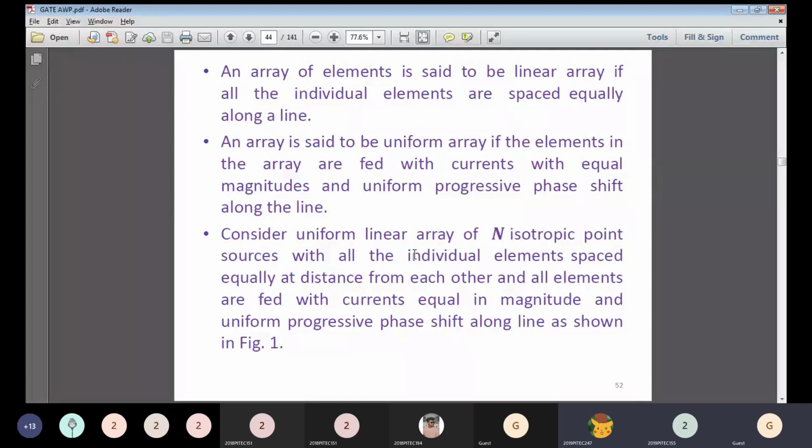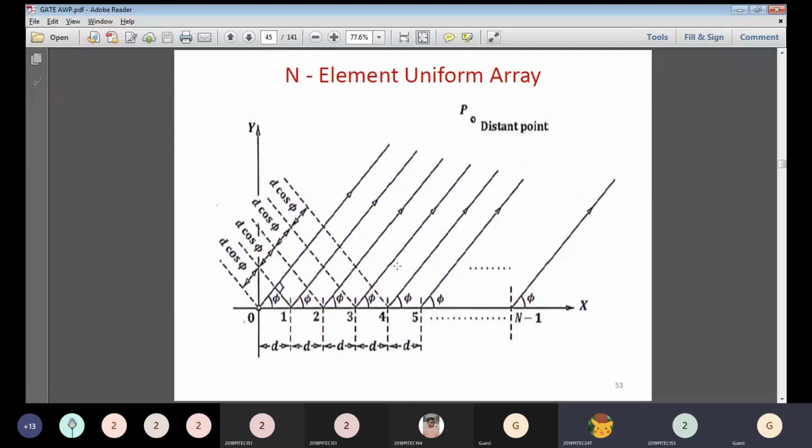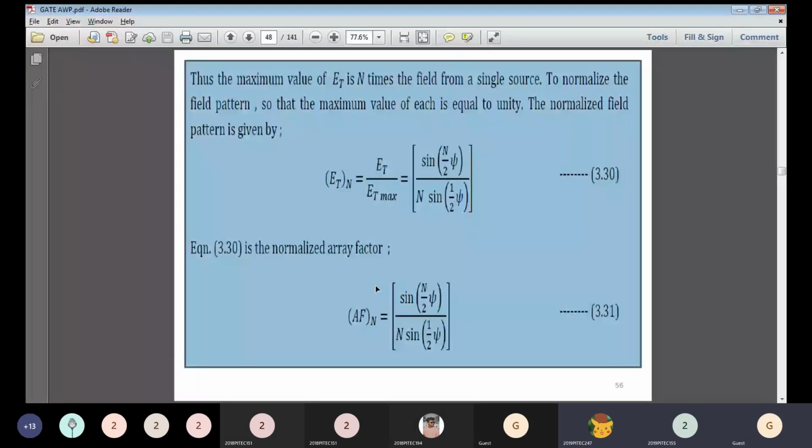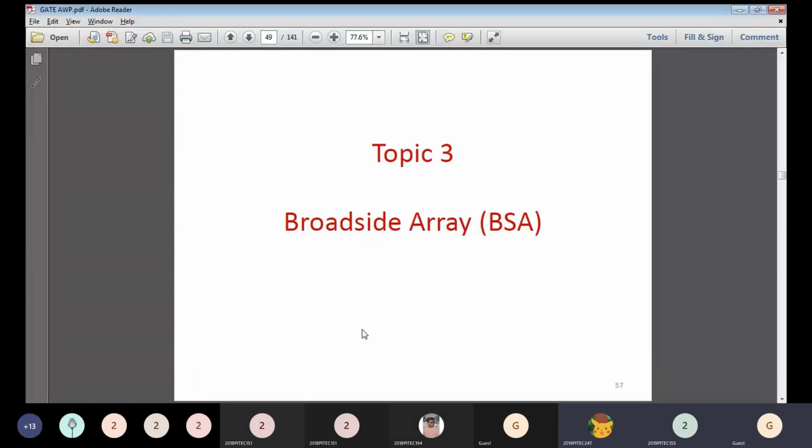Consider a uniform linear array of n isotropic point sources with all elements spaced equally at distance d from each other, fed with currents equal in magnitude and uniform progressive phase shift along the line, as shown in the figure. With this figure we can clearly note how many antennas we are going to use at distant point P. Don't forget the antenna array factor: sine n by 2 psi by n sine 1 by 2 psi. Very important topic.